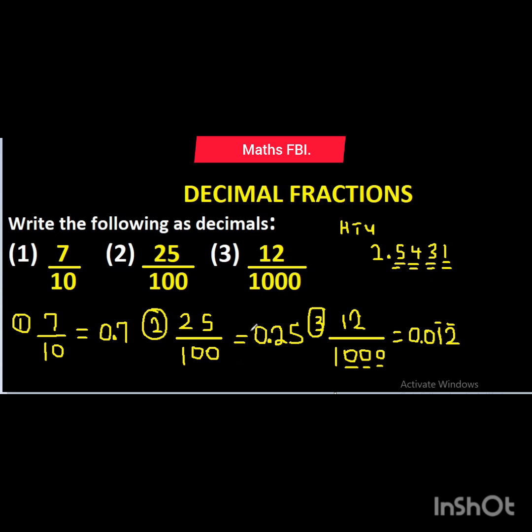The first digit is 2, and the second digit is 5. This is 2/10 plus 5/100. The third one, 12 over 1,000 is 0 point. How many zeros do we have? We've got 3, so 1, 2, 3 digits.